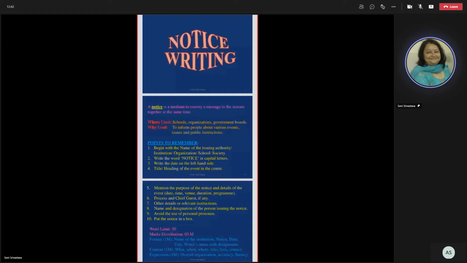It is not as if an individual thing is given to you, but it is put across for each one of us, and people who go past there can always have a look. A notice is a medium to convey a message to the masses together at the same time. When you're moving up in your corridors, you can see the notice board.